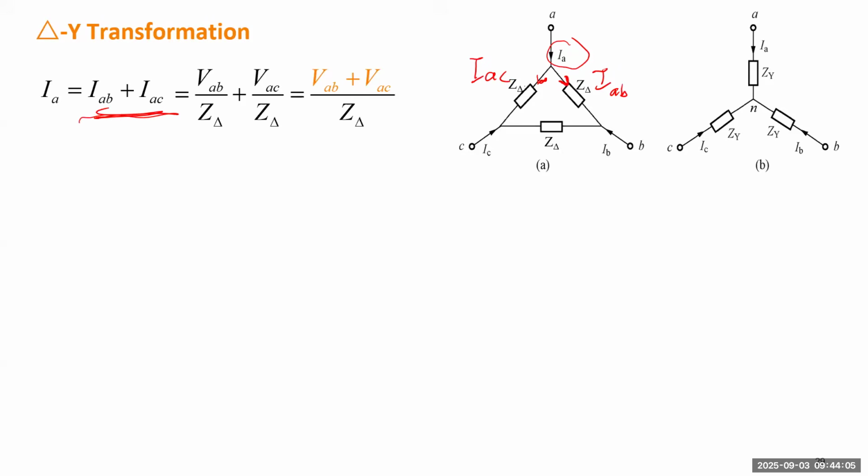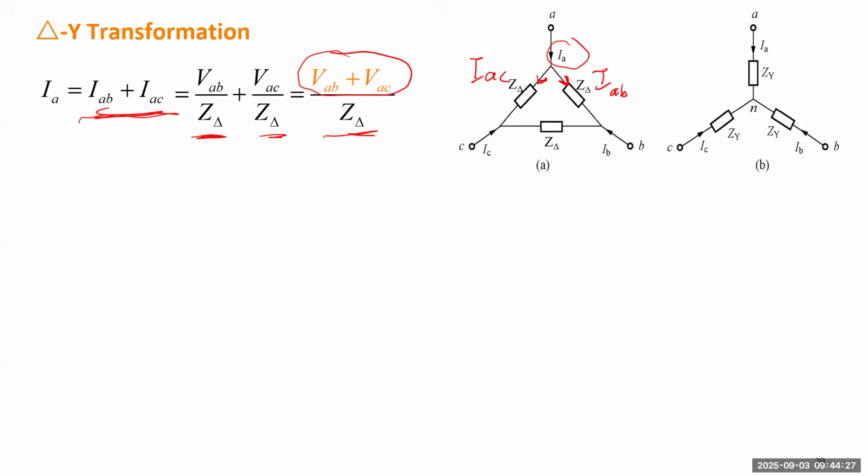This part is simply applying Kirchhoff's current law to node A. And for each phase, we have the phase voltage divided by the impedance of each phase. Then we simplify that the numerator will become the sum of the two line-to-line voltage phasors.